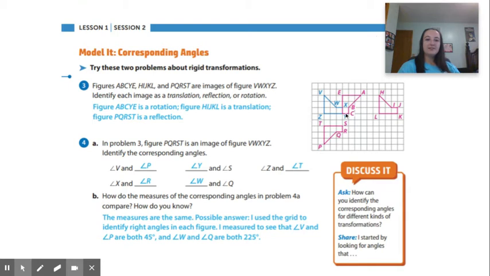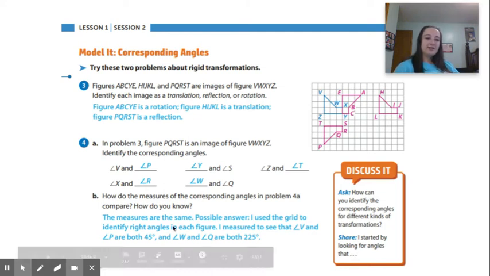Angle Y is the same as angle S, angle Z is the same as angle T, angle X is the same as angle R, and angle W is the same as angle Q. And we know this again because angle W is this obtuse angle. Angle Q is also obtuse. And if we were to reflect it, this angle W would land exactly where angle Q is. So again, corresponding angles means that they are the same angle measurements.